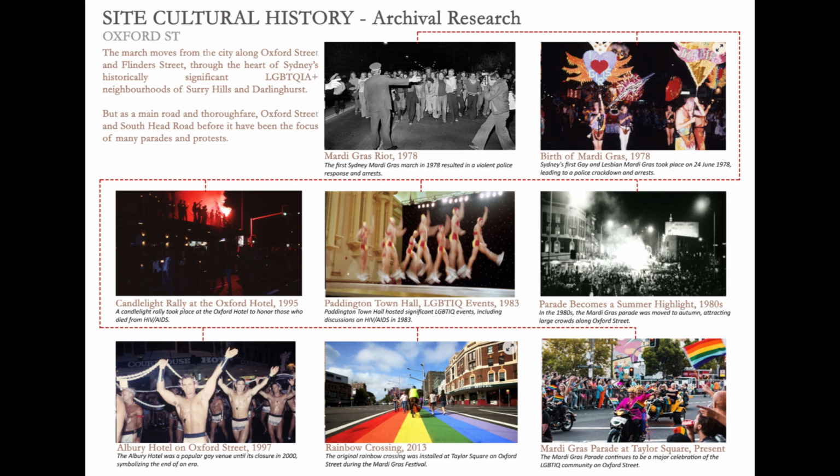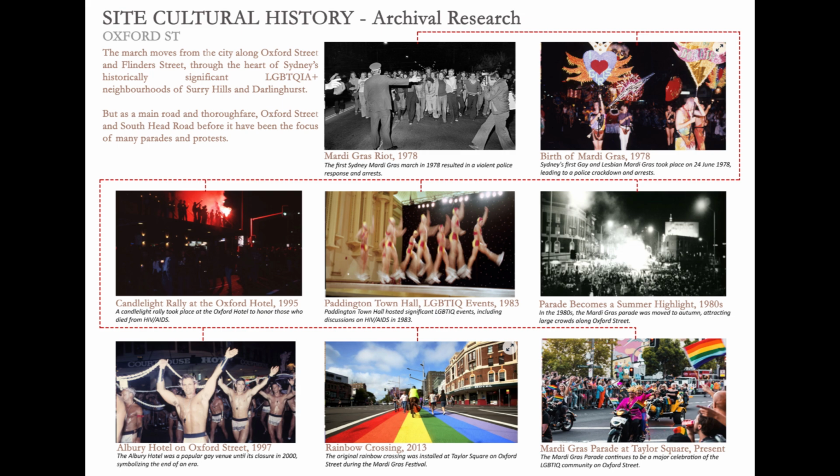Within the year, on June 24th, the official gay and lesbian Mardi Gras occurred, which led to increased enforcement action by authorities. As the 1980s dawned, the Mardi Gras parade evolved into a celebration drawing larger audiences after being rescheduled to autumn.